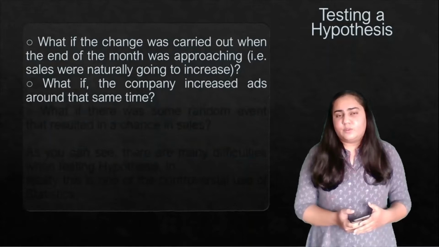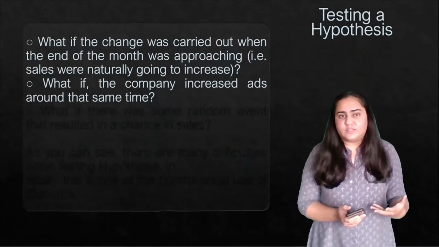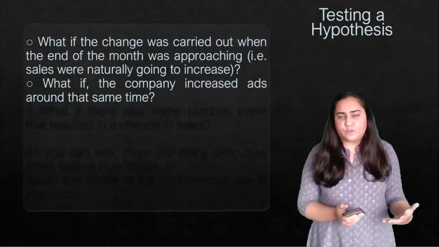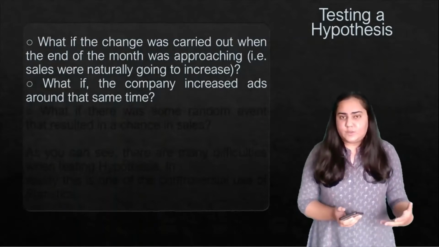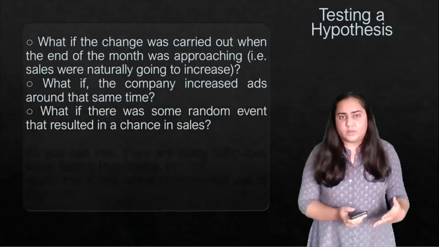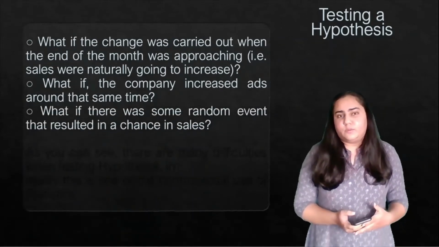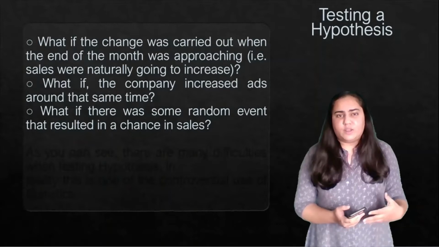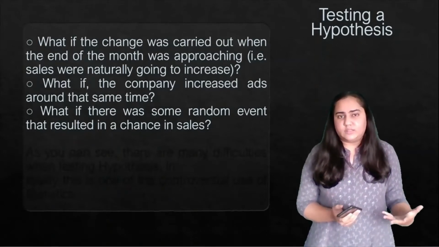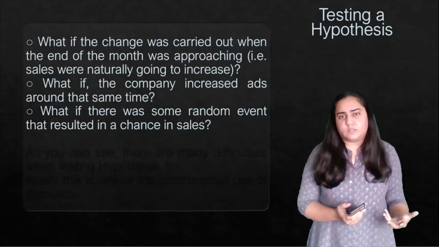The second problem could be, what if the company increased ads around that same time? So what if you started advertising more for your e-commerce site, and that's why the sales increased, not because you changed the button color. Another problem could be, what if there was some random event that resulted in an increase in the sales?